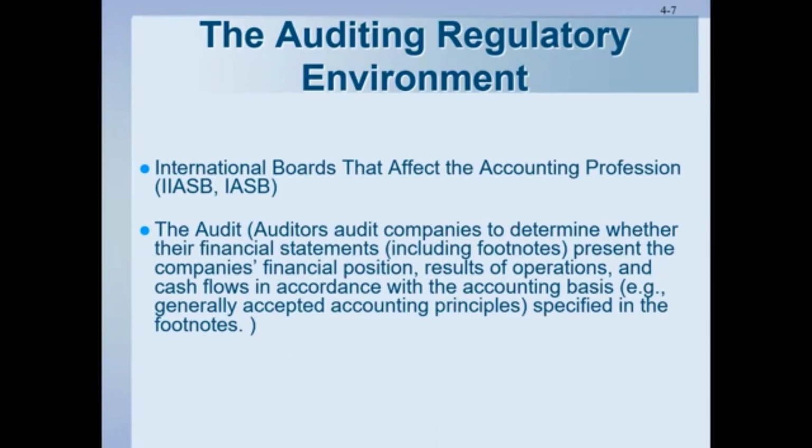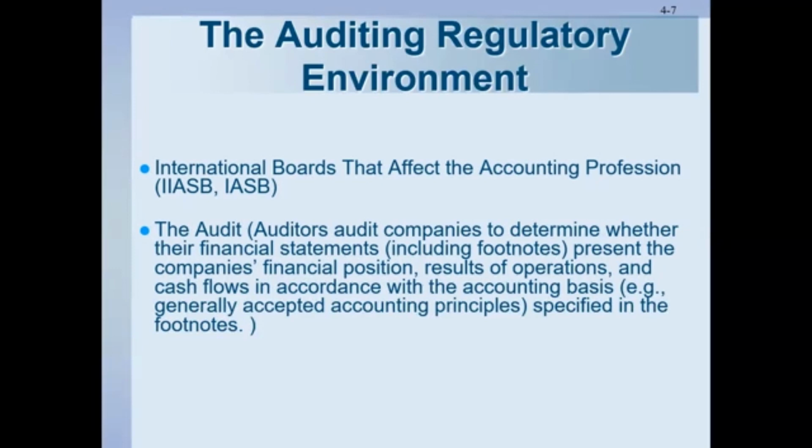is an independent standard setting body that serves the public interest by setting high quality international standards for auditing, quality control, review, other assurance and related services, and by facilitating the convergence of international and national standards.